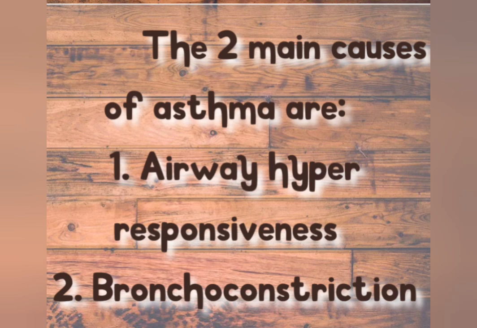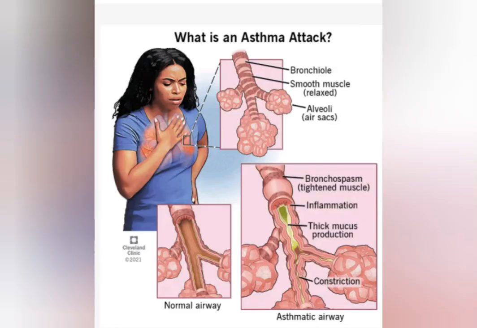and bronchoconstriction. The preferred route of administration of agents used in the management of asthma is the inhalation route, because this route allows the drugs to be delivered directly to the airways in smaller doses and with fewer side effects than the systemic route.